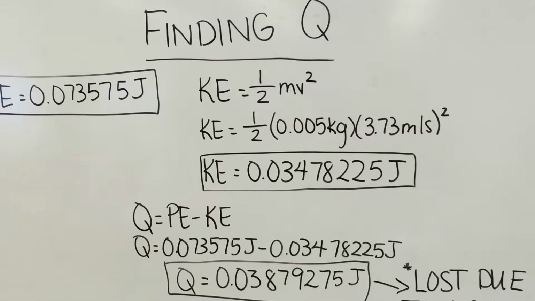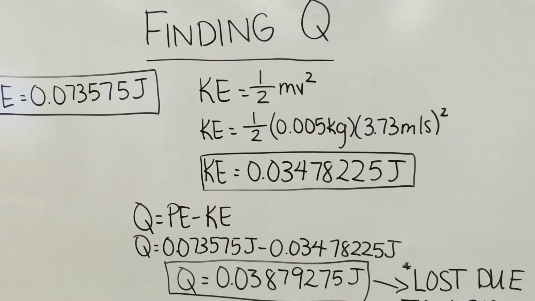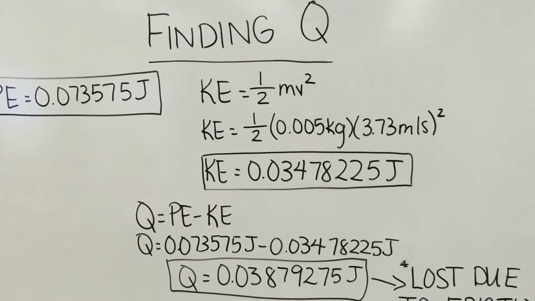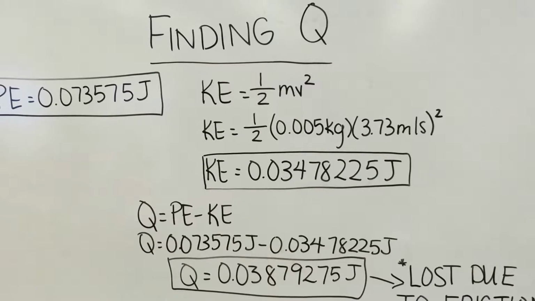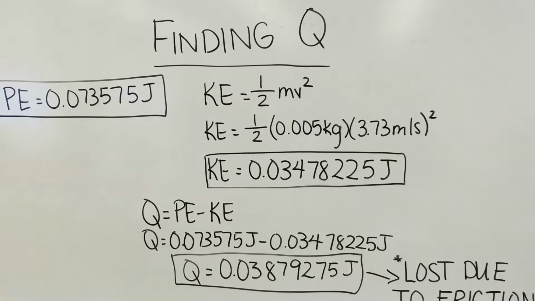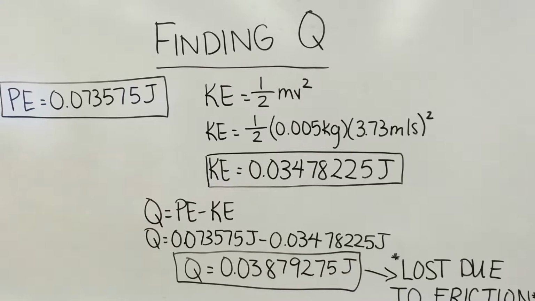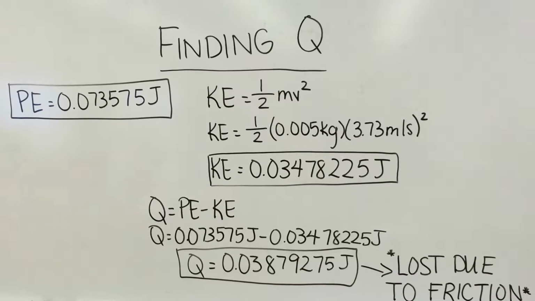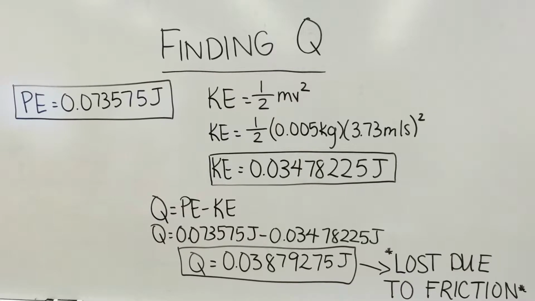To find the kinetic energy at the bottom of the hill, we use kinetic energy is 1/2 mass velocity squared. So we plug in the mass of our marble, 0.005 kilograms, and the actual velocity of 3.73 meters per second. When you solve that, you get a kinetic energy of 0.034782225 joules.